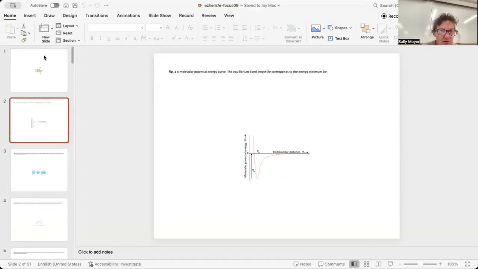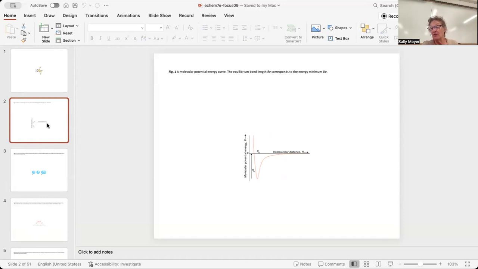So what you get is something that looks like this. This is a molecular potential energy curve, and it shows you why a bond forms. On the x-axis is the distance between two nuclei. If we're talking about a diatomic, you would set that internuclear distance R, solve Schrödinger's equation for the electron, and get an energy, and that energy would be someplace on this red line, depending on where your R is.